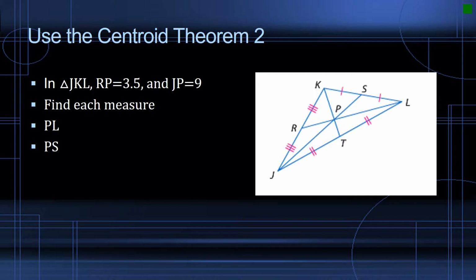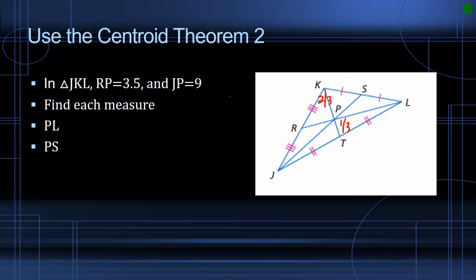So let's see, I'm going to use this one up here, the KT. So 2/3 of the length of KT is KP. That's from the vertex to the centroid, and 1/3 is PT, which is from the centroid to the midpoint of that line JL, or to point T. So there's 2/3, 1/3.